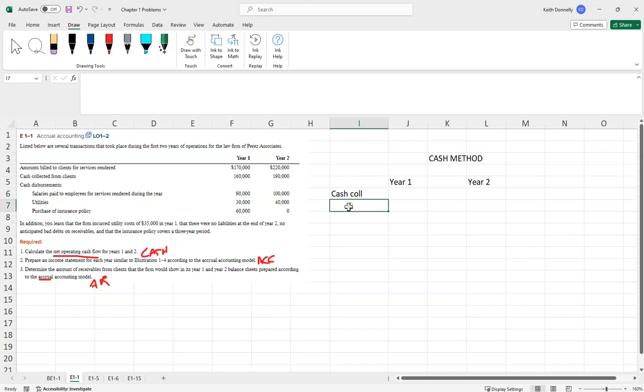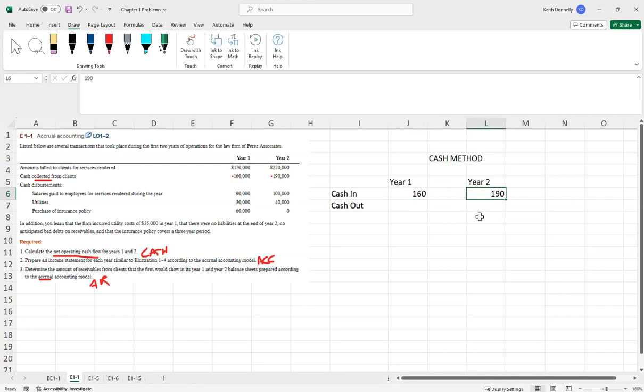So we'll have cash collected, and then we'll have cash dispersed and paid, right? So I'll just say cash out, cash in. We know we're cash method, cash in, that's what we're looking for here. We collected cash in 160 and 190.